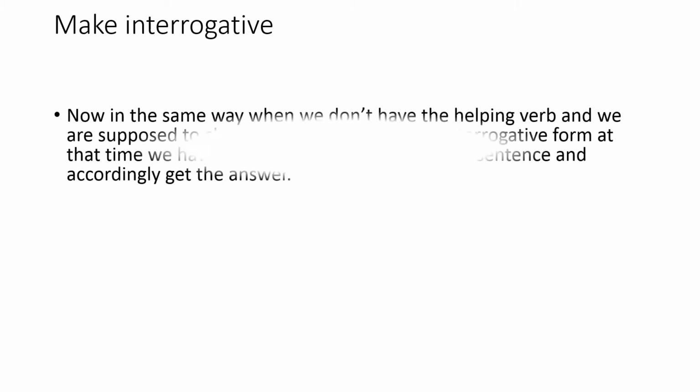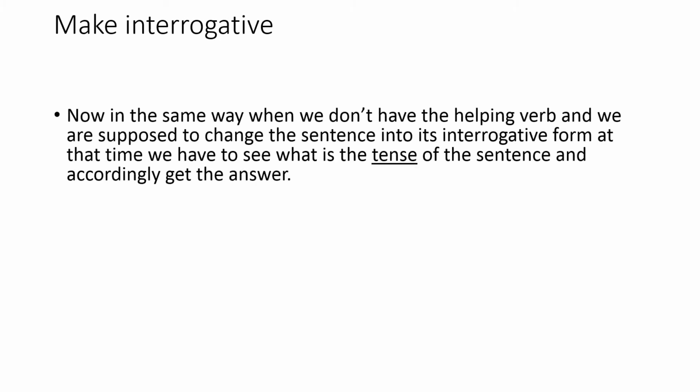See that in the same way, if we don't have the helping verb and we are supposed to change the sentence into its interrogative form, at that time we have to first see what is the tense of the sentence and accordingly get the answer.